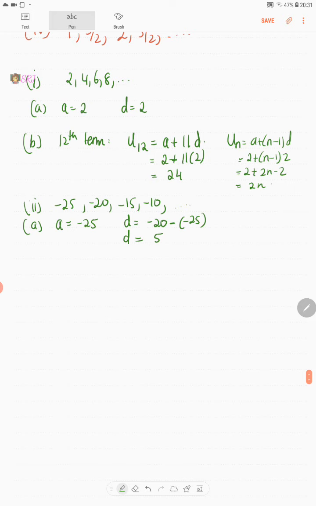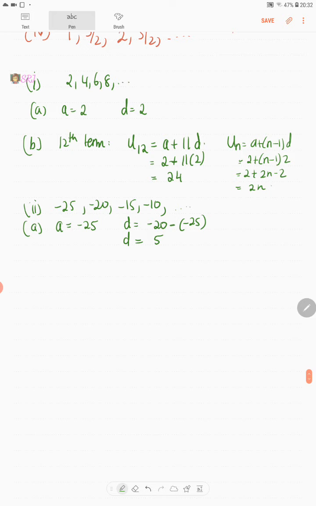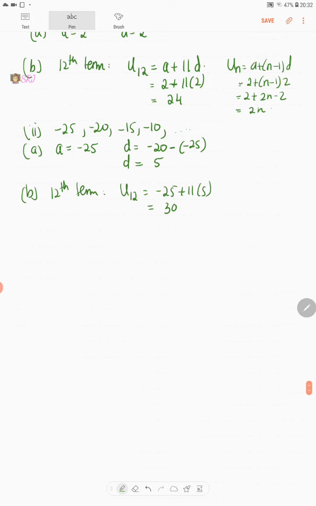We come back to the second example. So we know that a is equal to minus 25, and we calculated d and obtained it as 5. So the 12th term, u12, it will become minus 25 plus 11 times 5, 55 minus 25, which is 30.